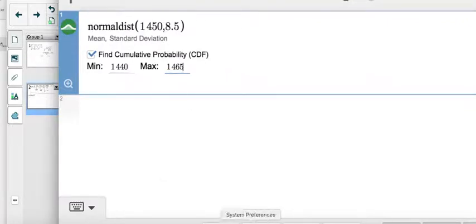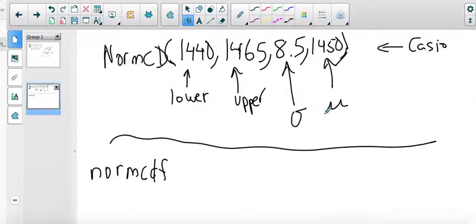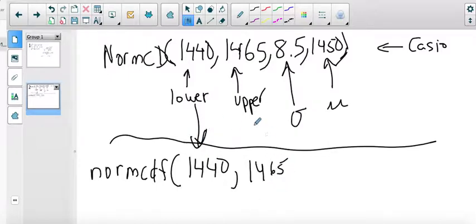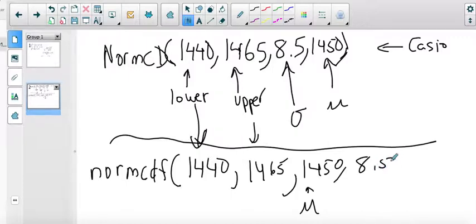It means the same thing and works the same as the Casio, but unlike the Casio, you still enter the lower first and then the upper, but you enter the mean first and then the standard deviation. You have to see how your calculator works, I'm not sure which one you're using. So this is lower, upper, and it'll give you the same values. So that's all there was to it, guys.